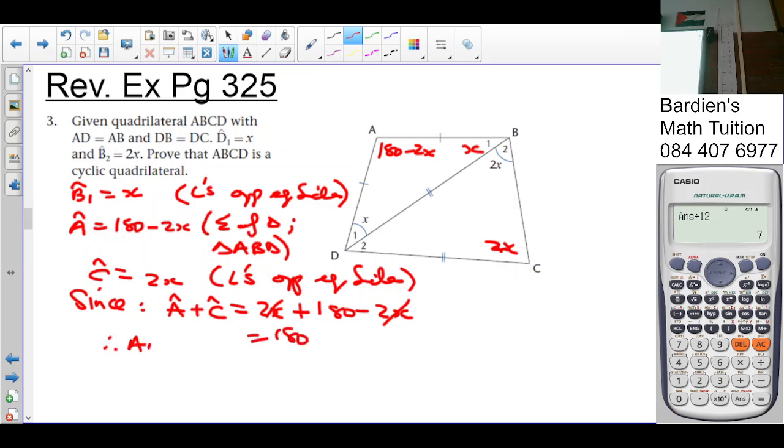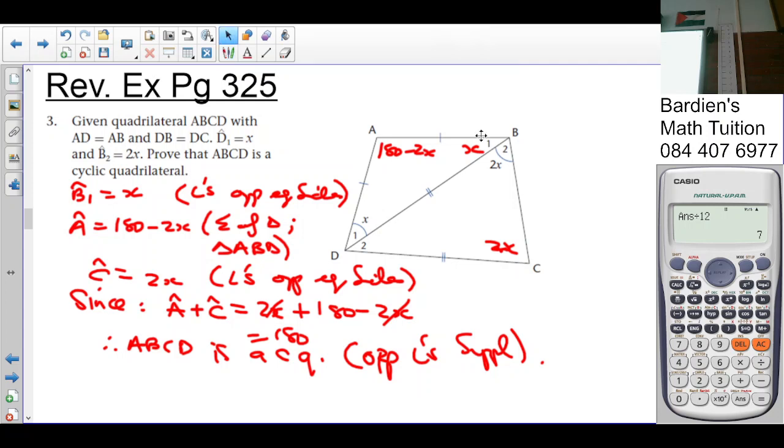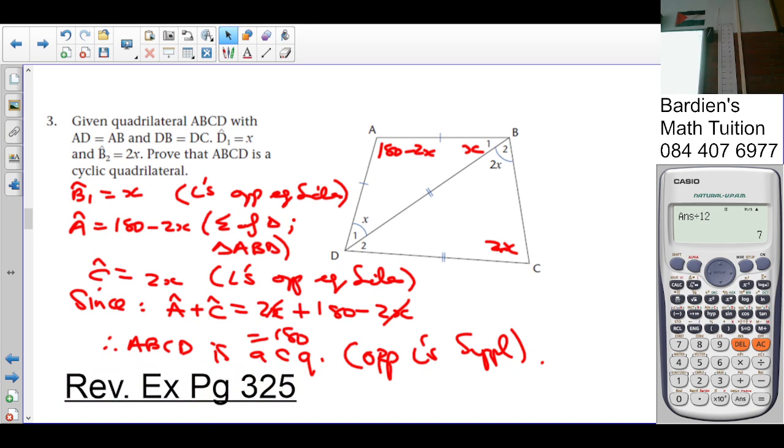Therefore, ABCD is a cyclic quad. Why? Because we have opposite angles supplementary. Okay, opposite angles add up to 180, therefore it has to be a cyclic quad. Let's carry on.